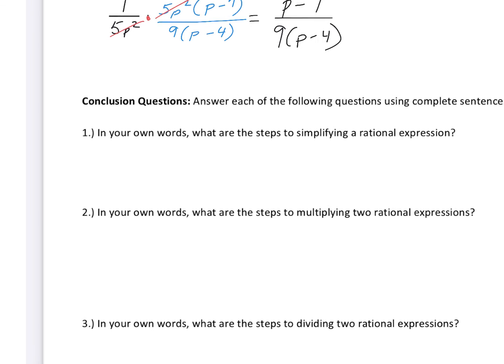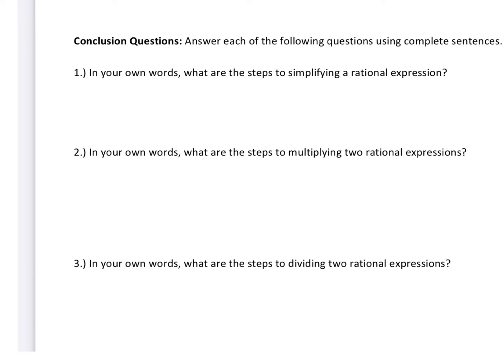And then I think I talked about number 3, but I will reiterate, you're going to do your keep, change, flip first. And then you basically have your answer from number 2. So after you keep, change, flip, you factor everything you see. And then you can cancel in 2 directions, top to bottom and across the diagonal.